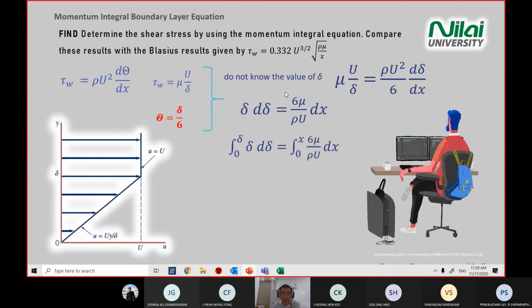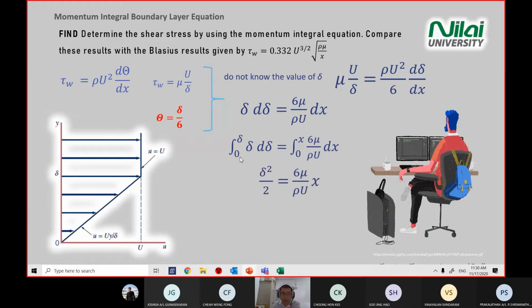Every time you want to integrate, we get our equation ready in this form. So we integrate the left hand side from 0 to delta, and the right hand side from 0 to x, because we don't know the distance that we need to calculate. So we just integrate using a parameter x.